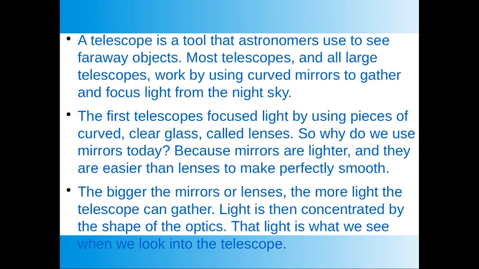We can fill more water if the bucket is big, isn't it? Like that, we can collect more light if our mirrors and lenses are bigger. The light is then concentrated by the shape of this optics, that means the shape of the mirror or lenses. That light is what we see when we look into the telescope.